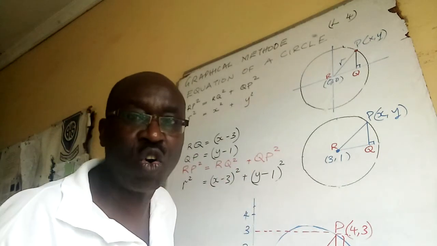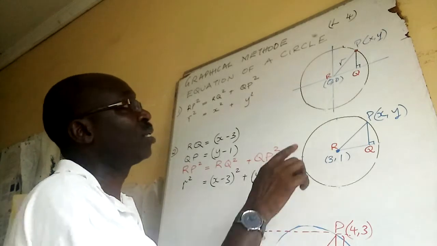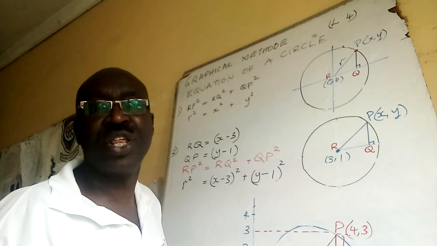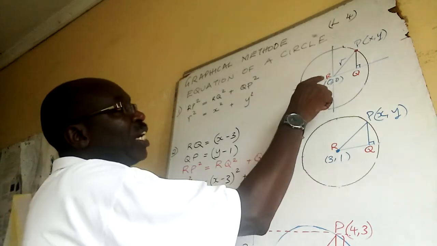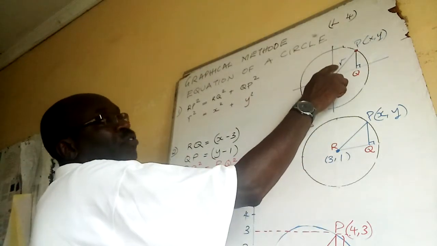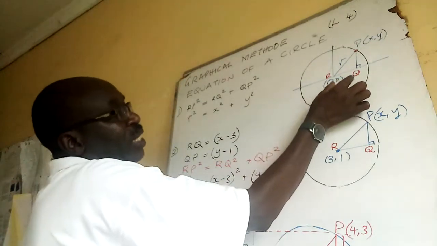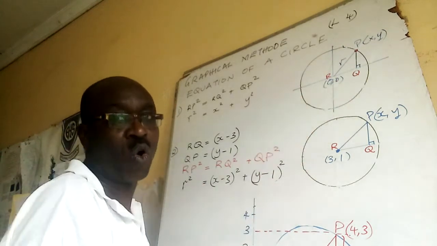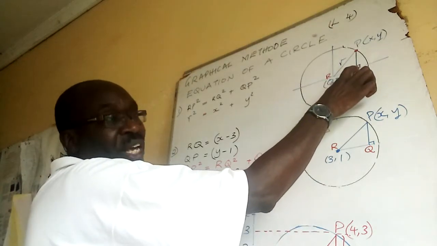Since it's a circle with radius R, we can use the triangle to come up with a relationship. Any distance from the center to the circumference is a radius. Therefore, I have put here the hypotenuse of my triangle as R. This length, you get it by saying x minus 0, because here it would be x.